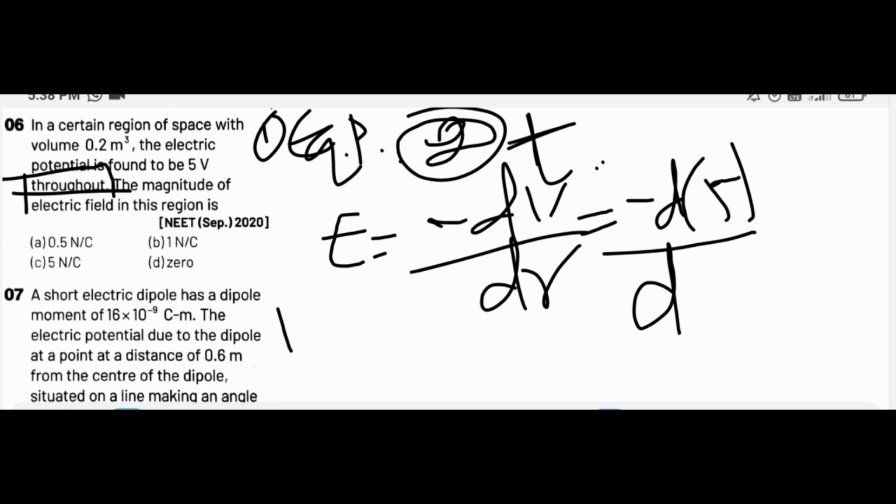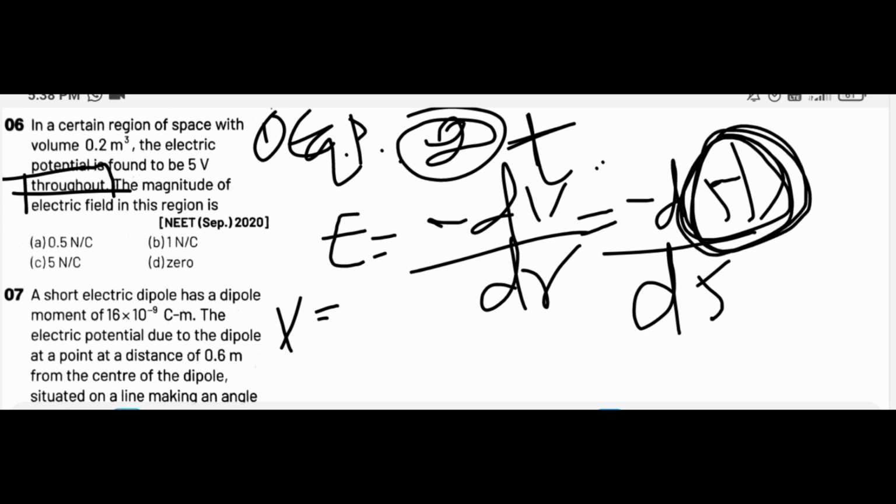Volume is equal to, for example, if it is a sphere, 4/3 pi r cubed, and r you can find. Again, radius will be some constant value. See here, differentiation of the potential we have to do. Differentiation of any constant will give the answer 0, right?